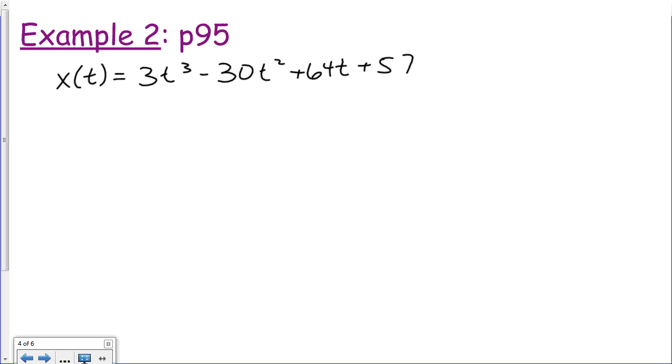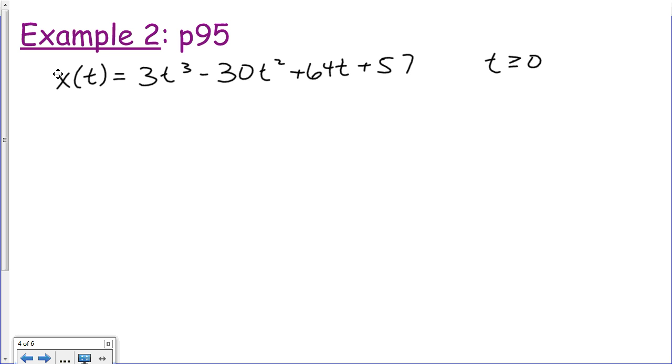And the domain that they've given you is for t greater than or equal to 0. All right, and it says where x is in miles, t is in hours. So we'll use those units to help us get the right units on our answers. So that is our displacement, or our position, sometimes we refer to that as.